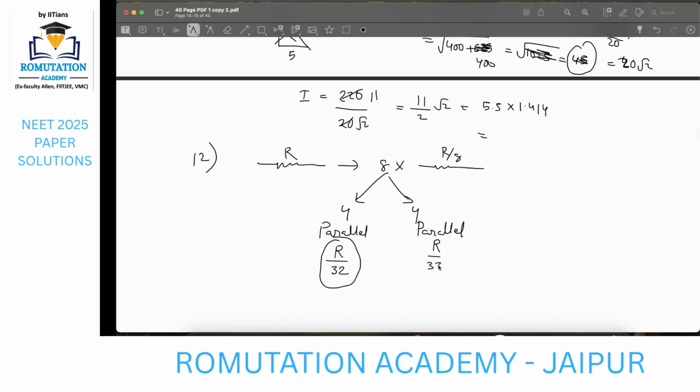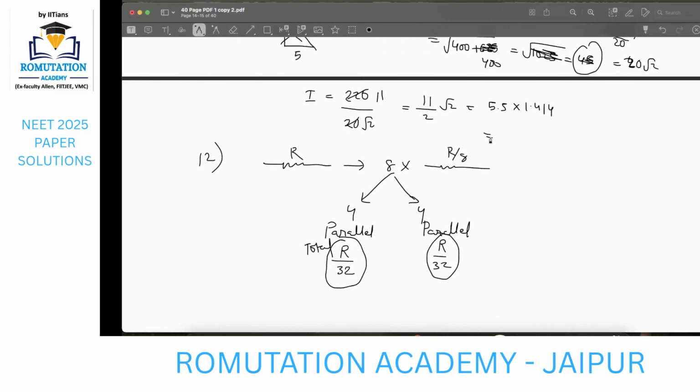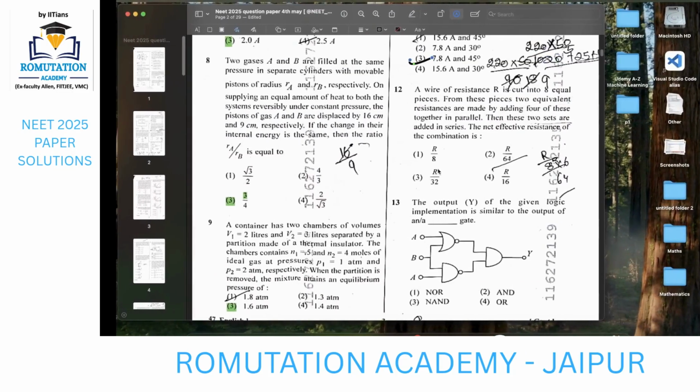So R by 32 will be the answer for each set. Now these two sets are added in series, so the net effective resistance will be R by 16, right? So the answer for this case will be R by 16.